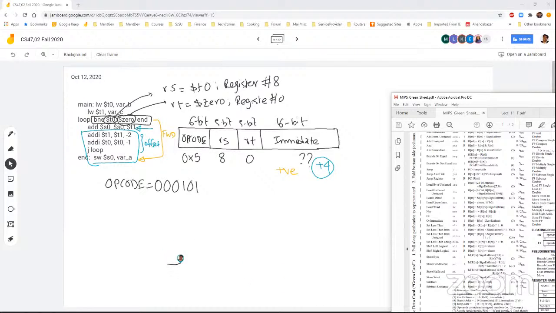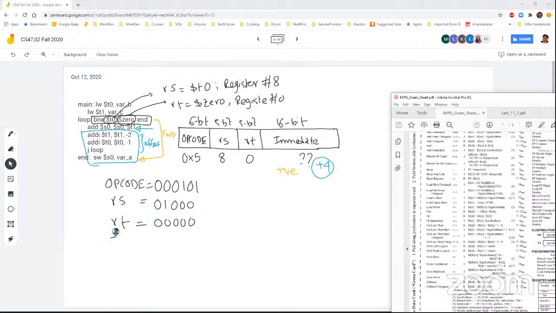Then RS is 8 in 5 bits, so 0, 1, 0, 0, 0. And RT is 0, that's easy, 5-bit 0.